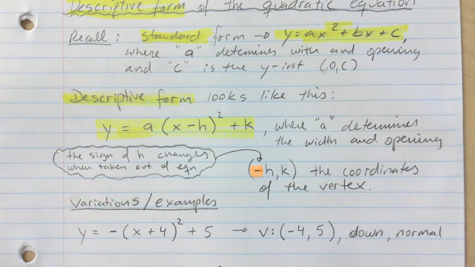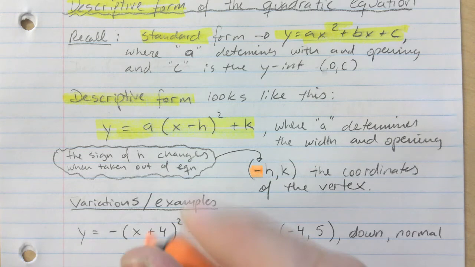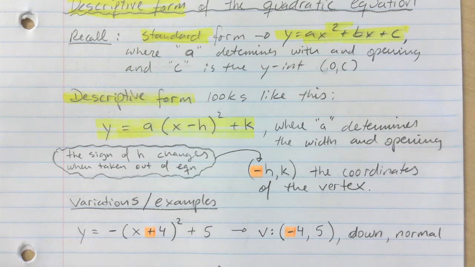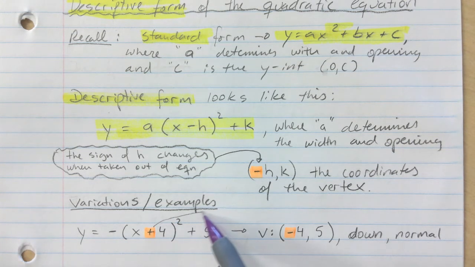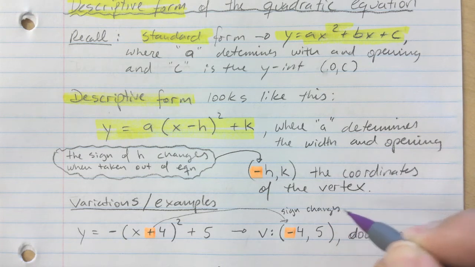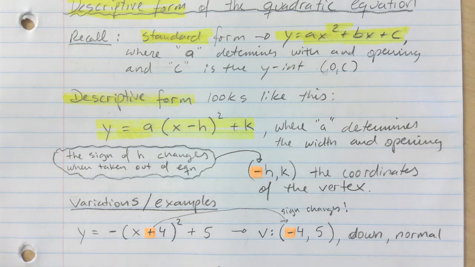Okay, so if you're given an equation like this, it tells us we can take the vertex out right away, but watch what happened here. I'm just going to put it this way, here and here. See how the sign changes when it comes out? So when you take it out of the equation, the sign changes. Okay, that's very important.